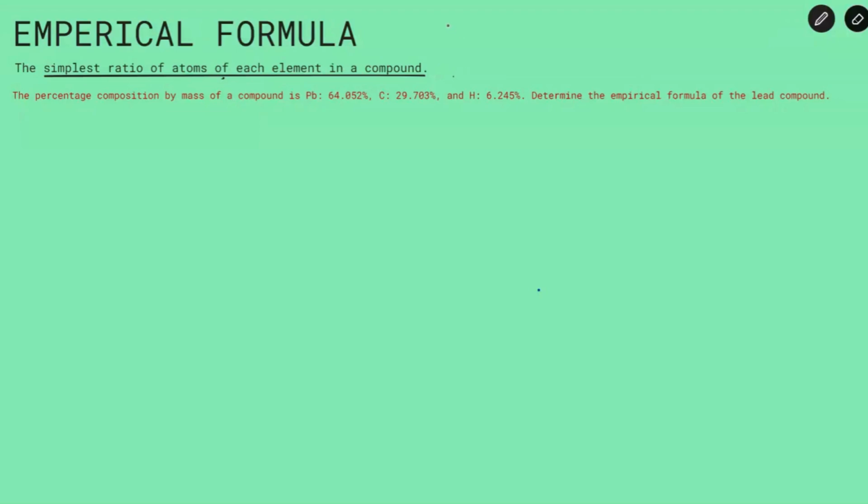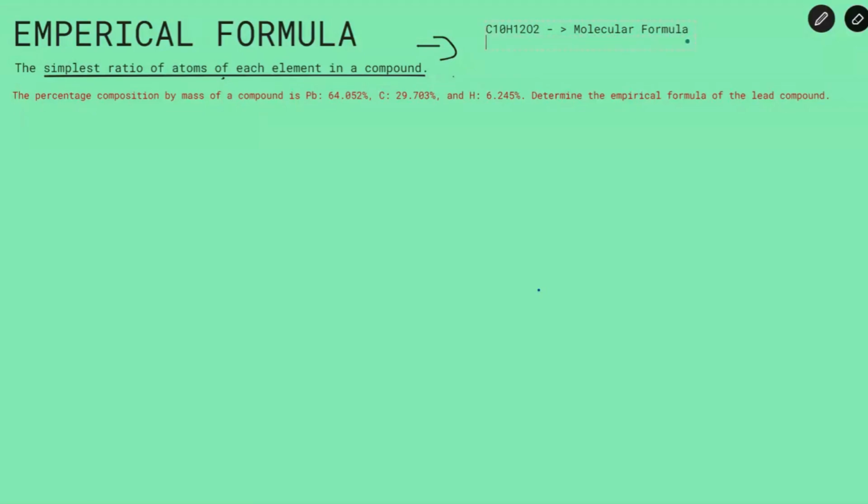For example, let's say you have C10H12O2 as your compound. This would be considered the molecular formula, or the whole formula of the compound.